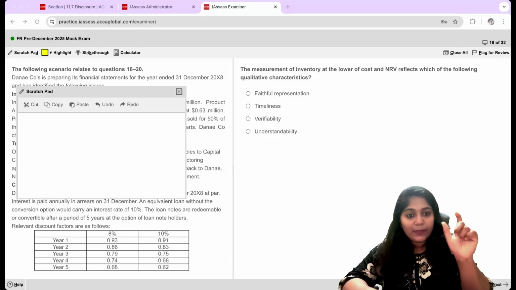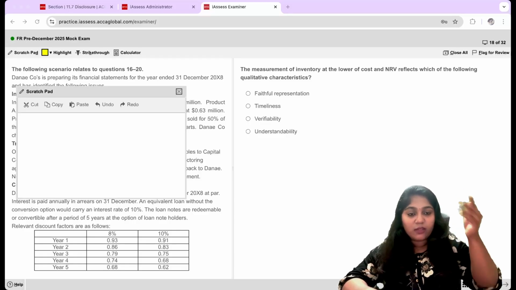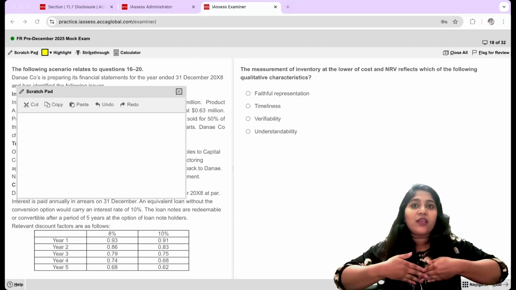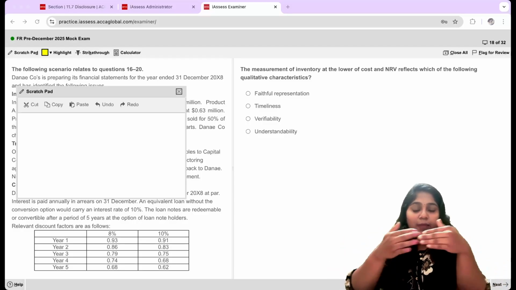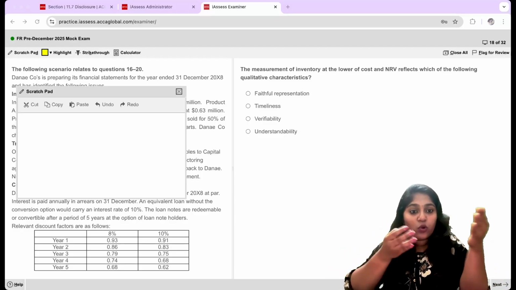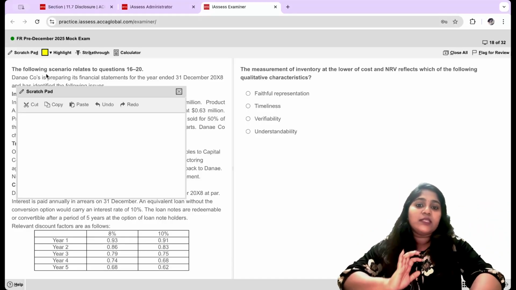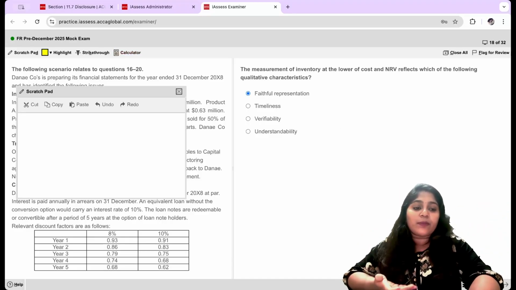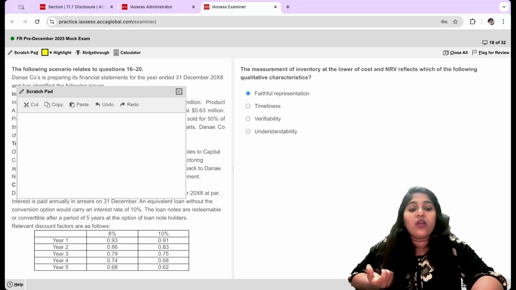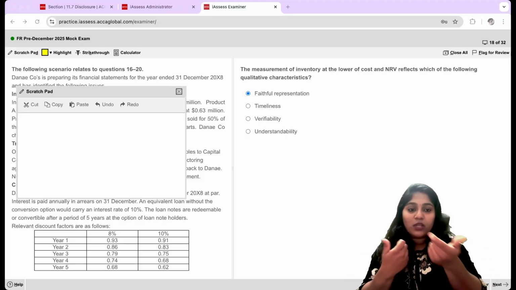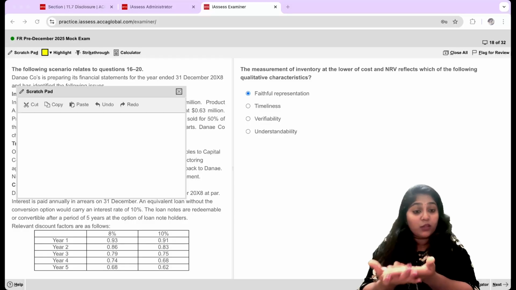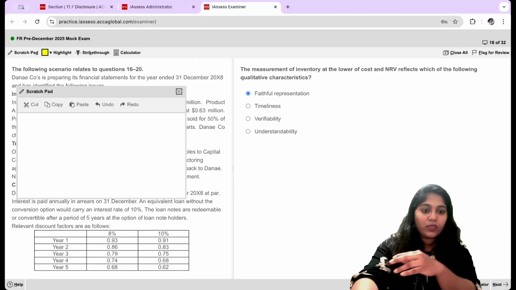Keeping the inventory at either cost or NRV, whichever is lower, gives a true and fair view. My inventory cannot be sold for more than this value. That's the reason we reduce it to cost or NRV. So it has to be faithful representation because it gives a true and fair view. Faithful representation is being neutral, being free from errors, and providing a true and fair view. That is called faithful representation, right?